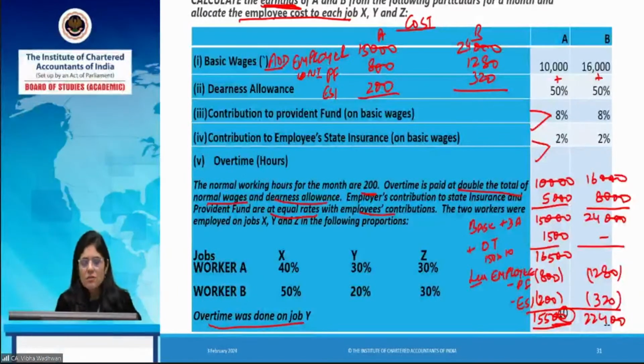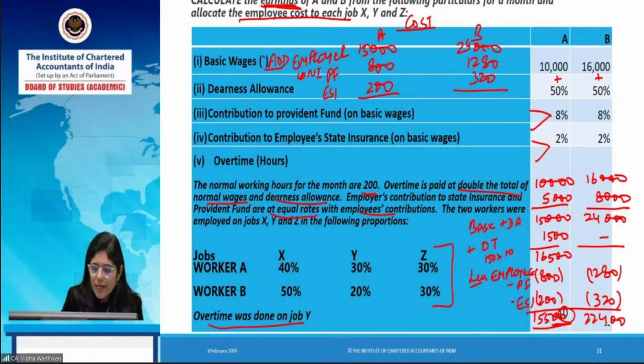See, now students, although the employer is also paying the overtime, when we have to allocate it to jobs, the employee will receive overtime, that's not an issue. But to calculate the rate per hour, we will not include overtime, because every time overtime will not be there. We will be separately adding it to the jobs directly.